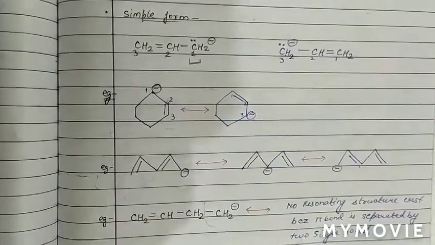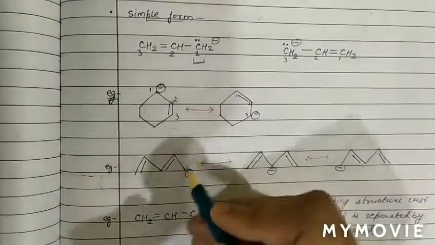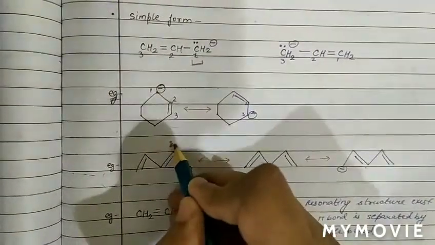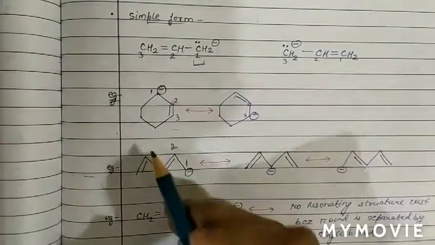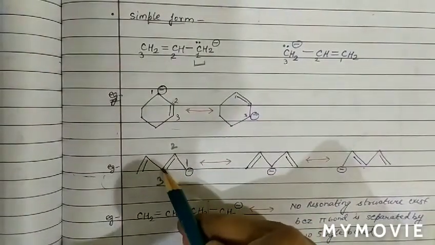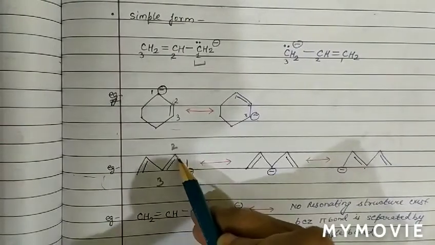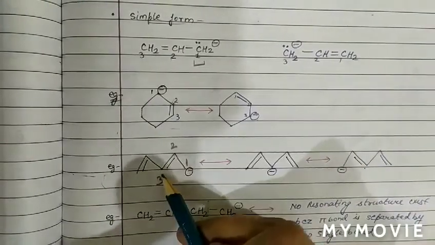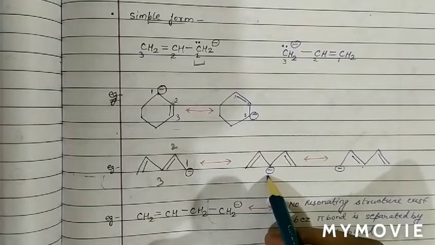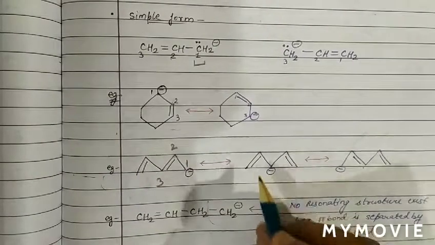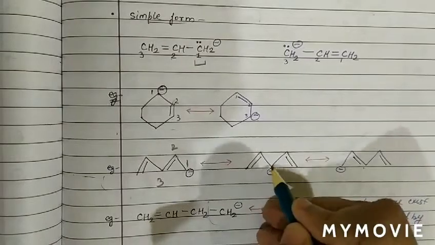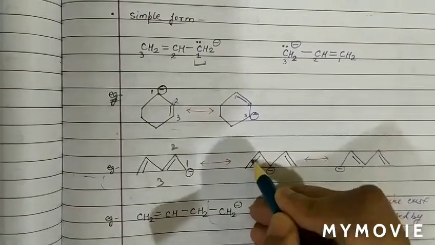Now see another example. This is 1, this is 2, and this is 3. The first resonating structure: the pi bond between 2 and 3 shifts to 1 and 2, and the negative charge from the first position shifts to the third position. Now again it is a conjugated system: negative charge, single bond, double bond.